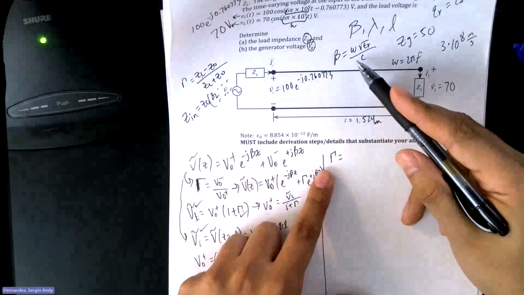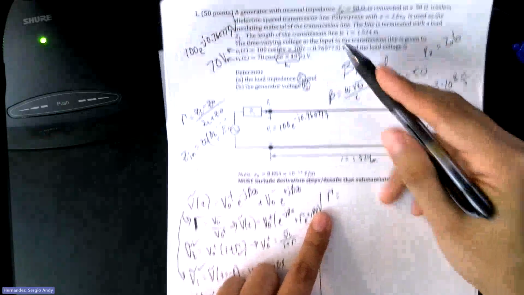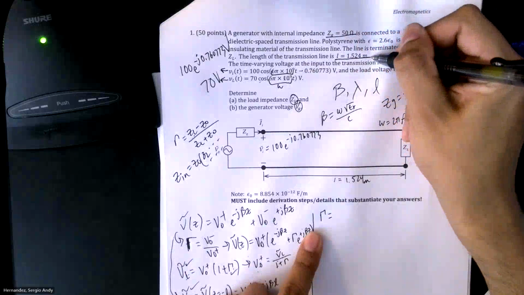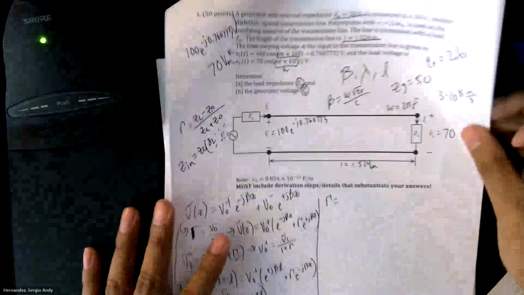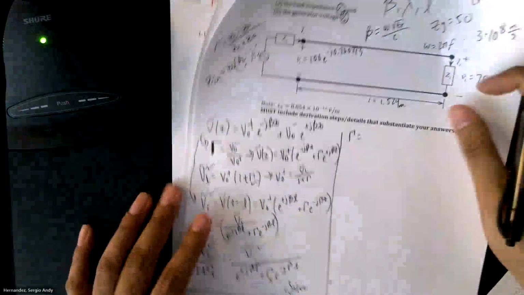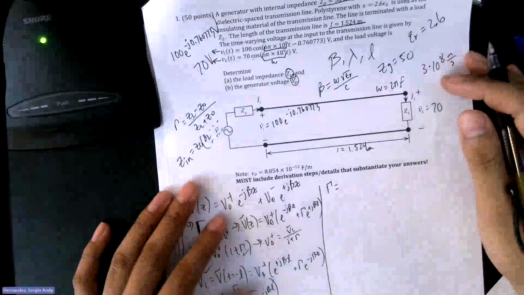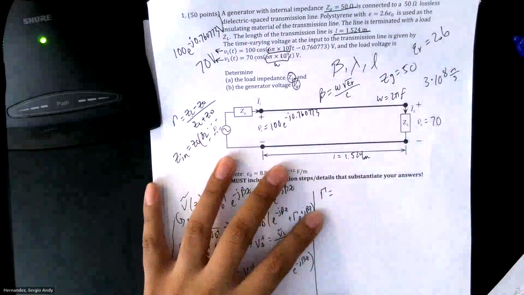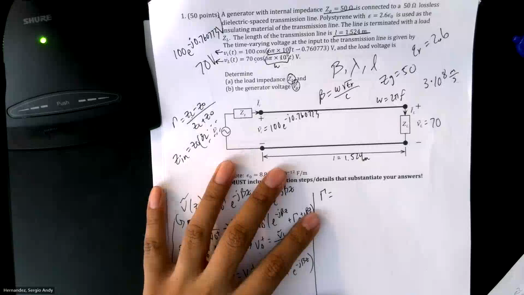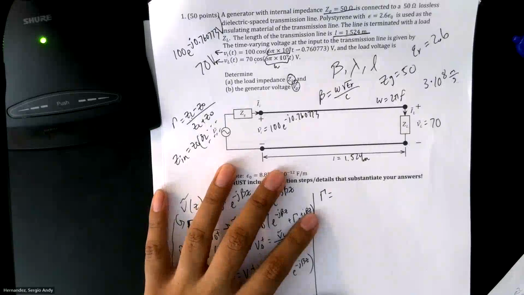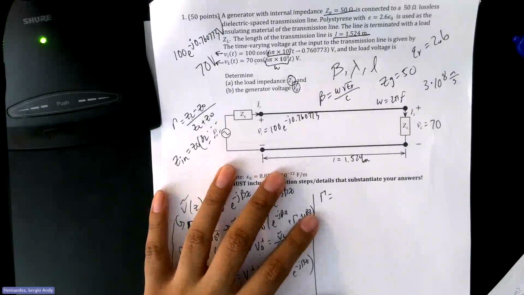So you do end up getting a beta, right? I already have your length here. Your gamma, right? And if you know, it's this thing.